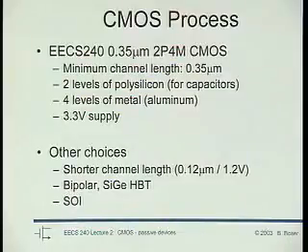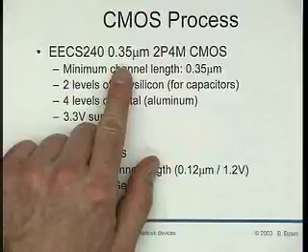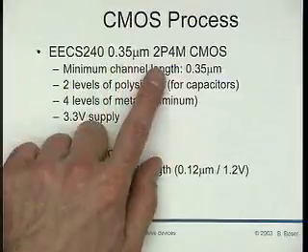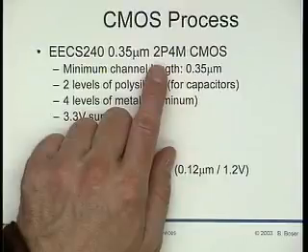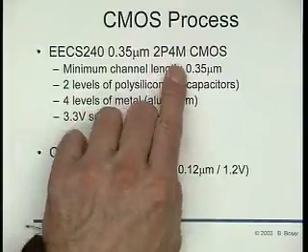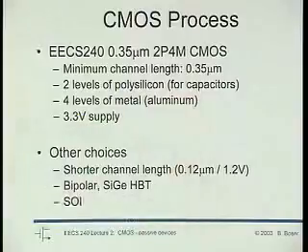Of course, if you use a really modern technology, then this is not 0.35, but 0.09 micron, right? And the 2P maybe is then a 1P. They still give you a level of poly for the gate, but the other one's gone. And the 4M has mushroomed into an 8M or something atrocious like that.